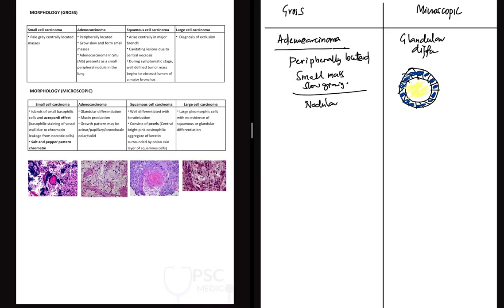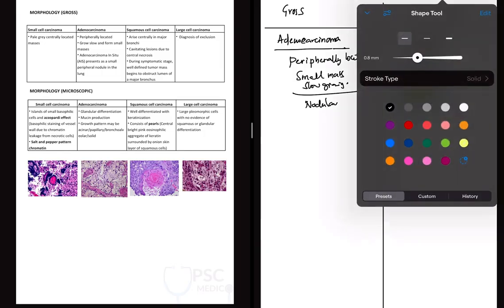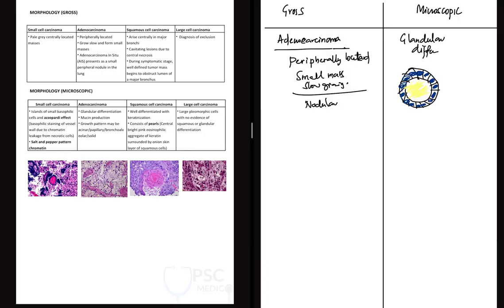If not glandular, there is another possibility: it can also show a papillary pattern like this. Again, you have to draw the nucleus in blue. For the sake of saving time I'm just going with red, but the papillary pattern can also be seen in these entities.